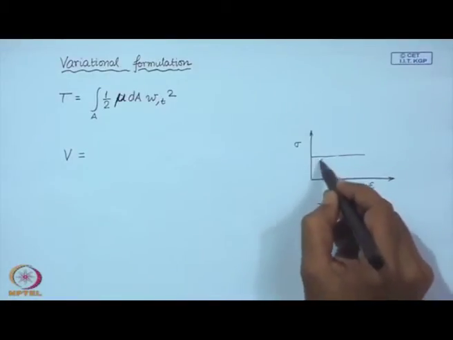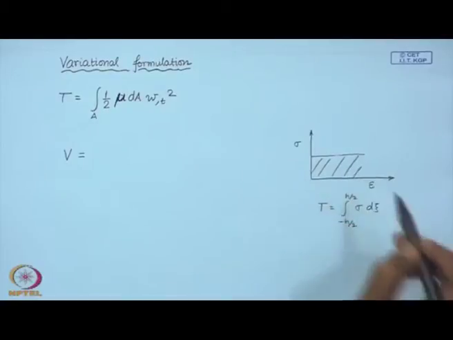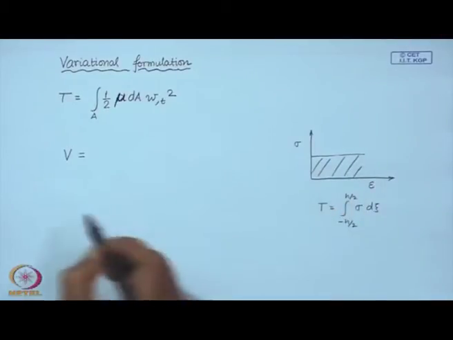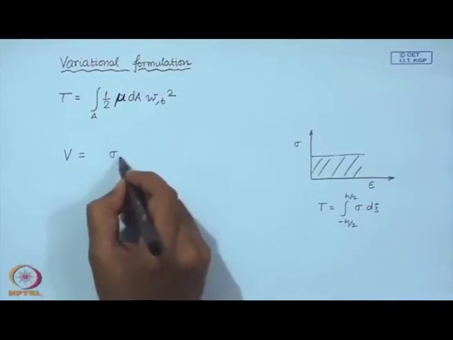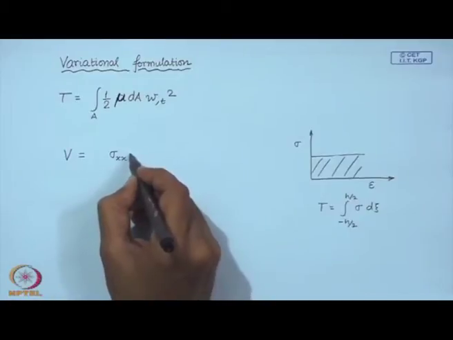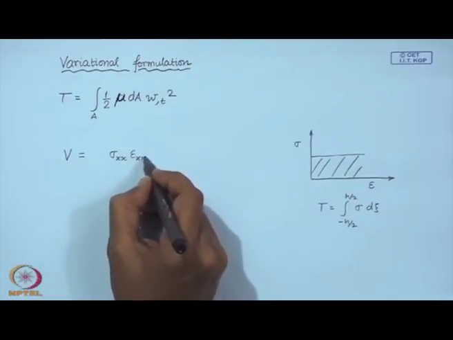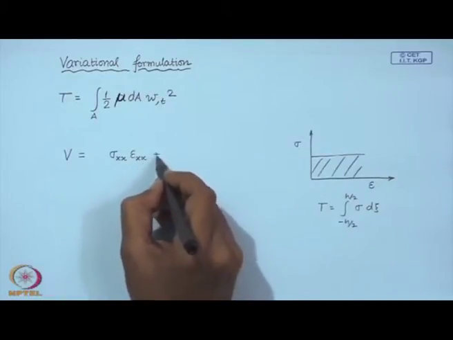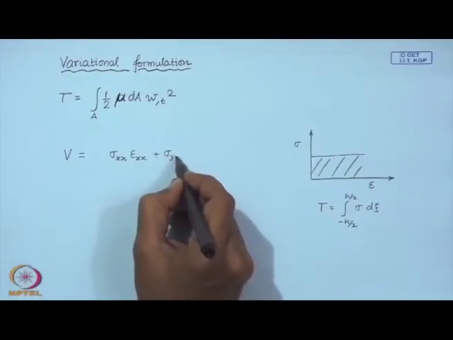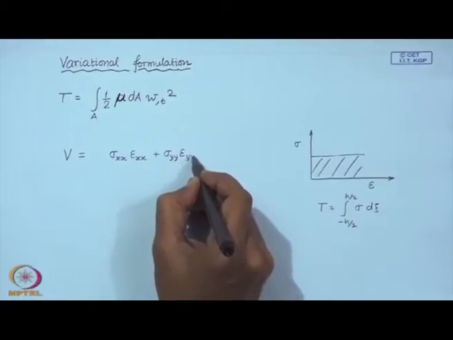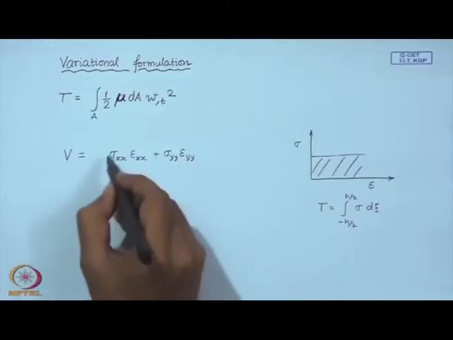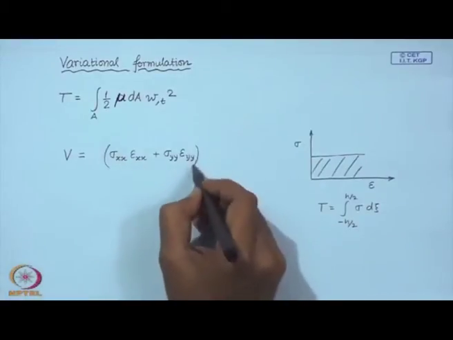So, the energy per unit volume is given by the area under this. So, it must be sigma in the x times epsilon in the x plus sigma in the y times epsilon in the y. So, this is per unit volume.